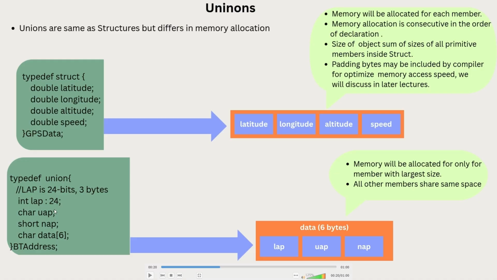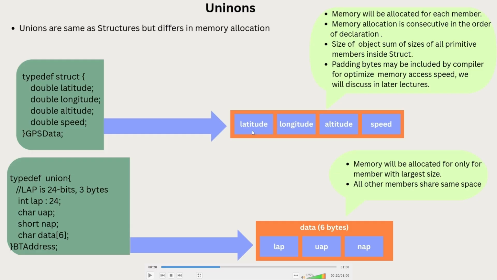But in union it is different. So for example, when you create a variable of this GPS data, the memory required to fit all these member variables will be created like this. The size of the total object will depend on the compiler, based on how the compiler allocates.